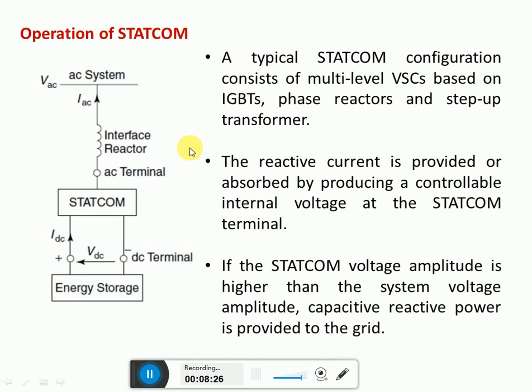The reactive current that will be injected into the AC system, or absorbed from the AC system, depends on the generated voltage at the STATCOM terminals.